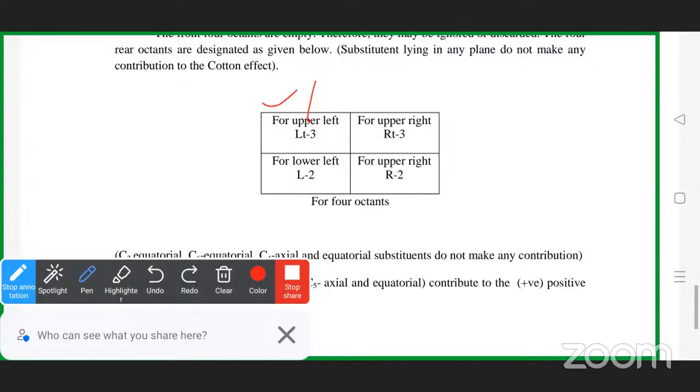This is upper left here, and this is lower left, LL.